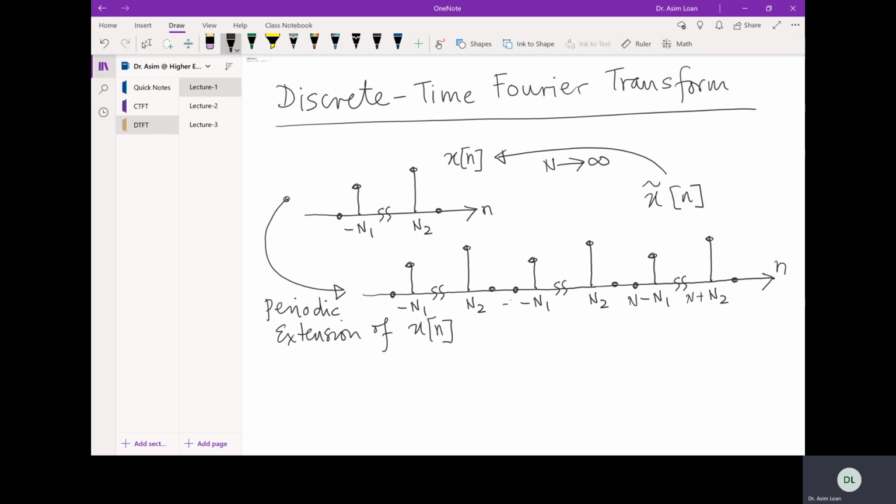This is minus n minus n1. This is minus n plus n2. So basically we have this is the original one, and these are periodic extensions.